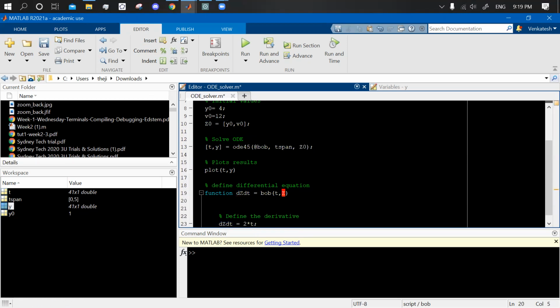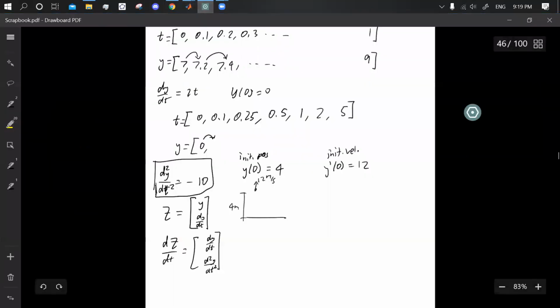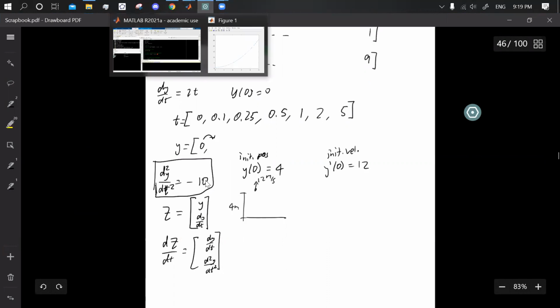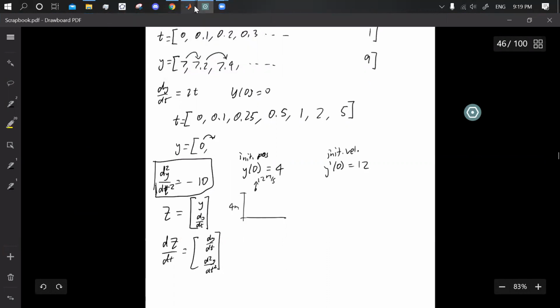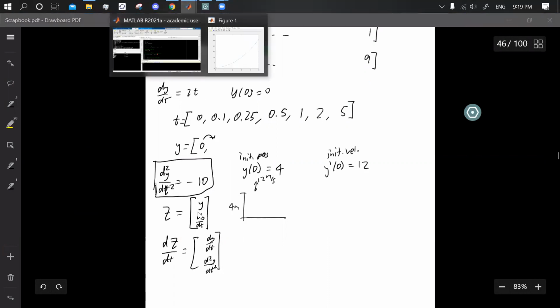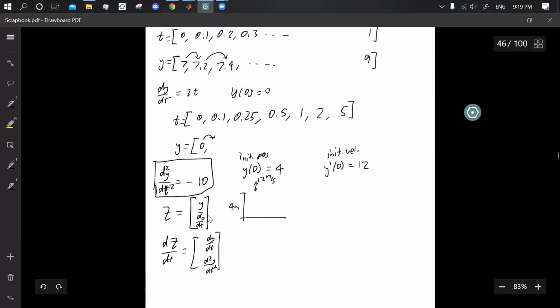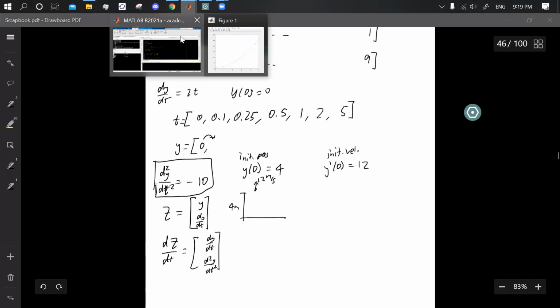Okay, so the way I think about this is, imagine y is equal to the first value and then y dot is the second value. You can see that here. The way we defined z was the function and its derivative as the two values.